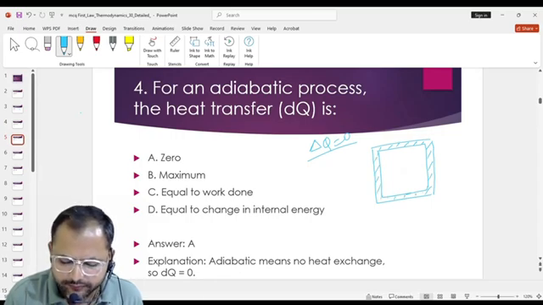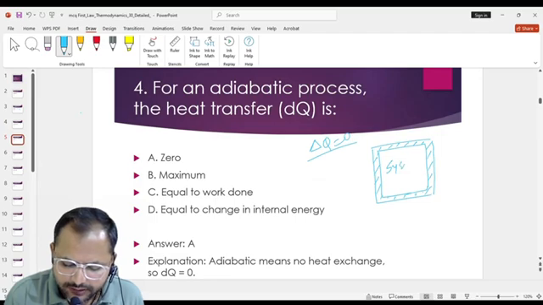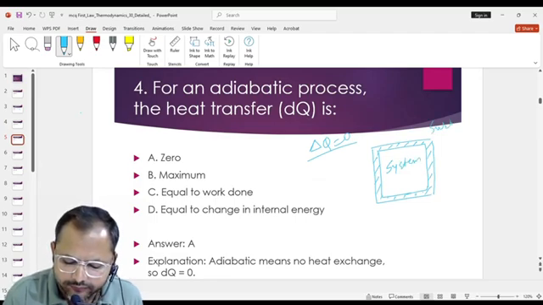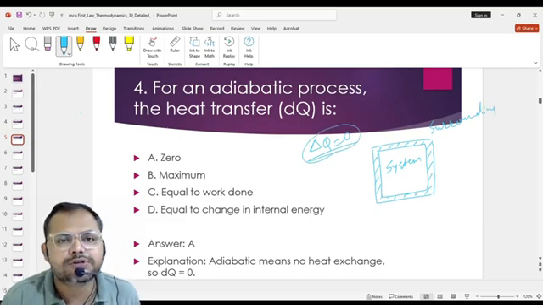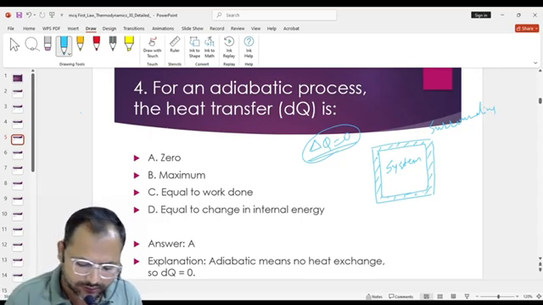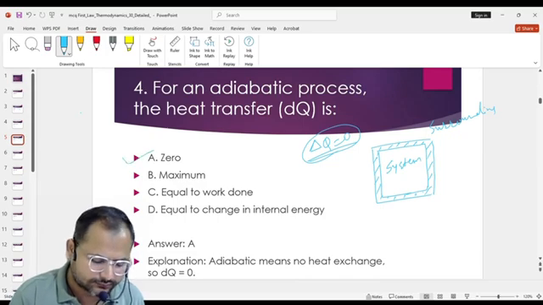Gas is there. So in between system and surrounding, there will be no heat transfer. In between system and surrounding, there will be no heat transfer. Okay, so heat transfer will be zero.